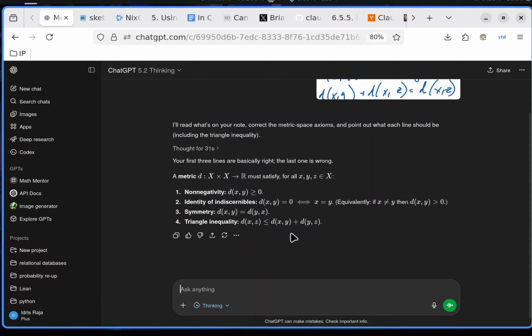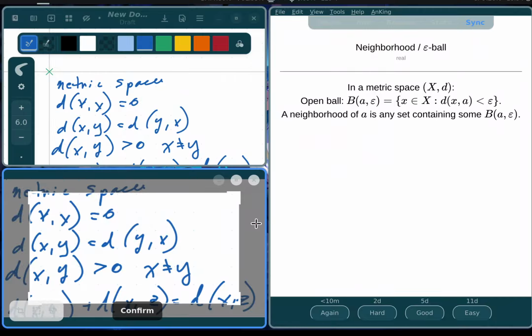Symmetry. Oh, okay, this is not equal to. So from x to y to z, that's always greater than x to z. That's basically saying if you go the indirect way, it's going to take longer.